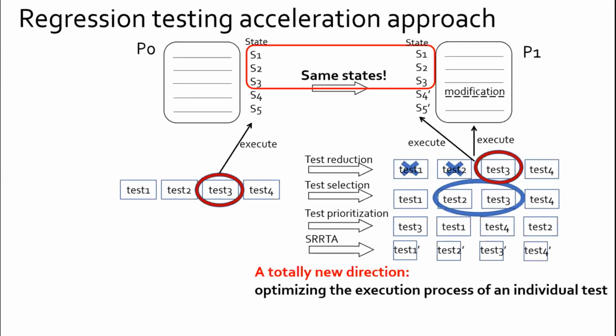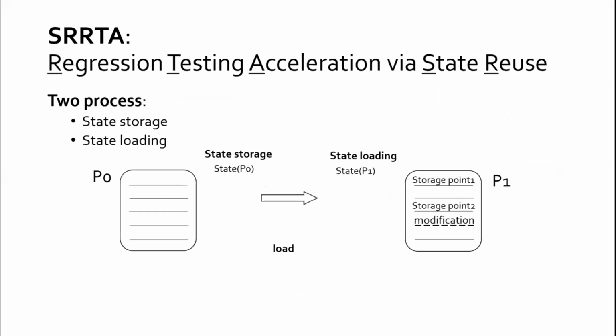Based on this intuition, we reduce the regression testing cost from a totally new direction, optimizing the execution process of an individual test. In this paper, we propose a state reuse-based acceleration approach, SRRTA. SRRTA consists of two components, state storage and state loading.